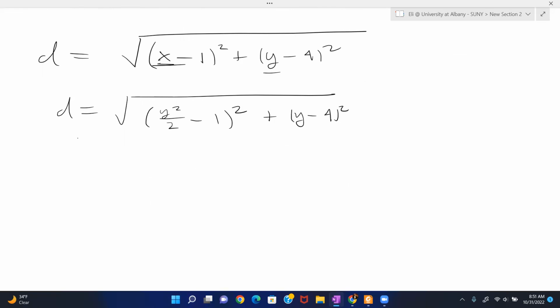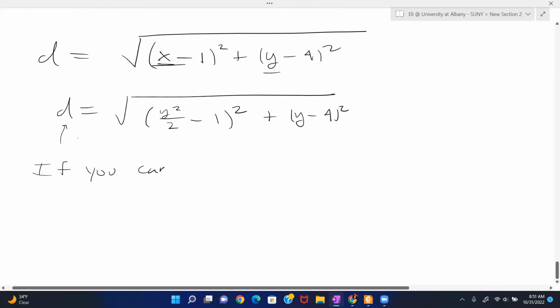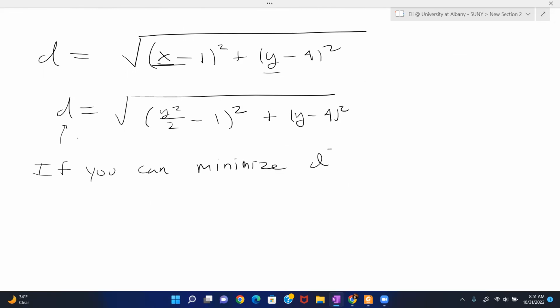But it turns out that if you can minimize d squared, then you can minimize d. There's this correspondence between d and d squared, so we can just get rid of the square root.